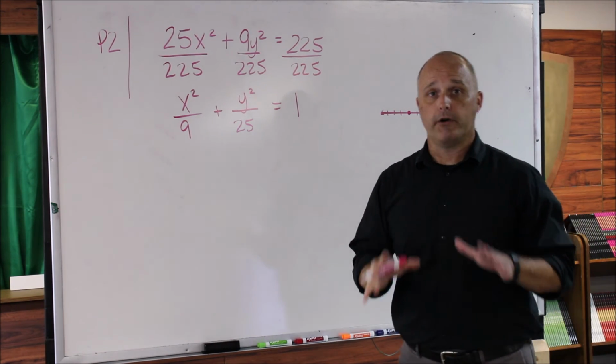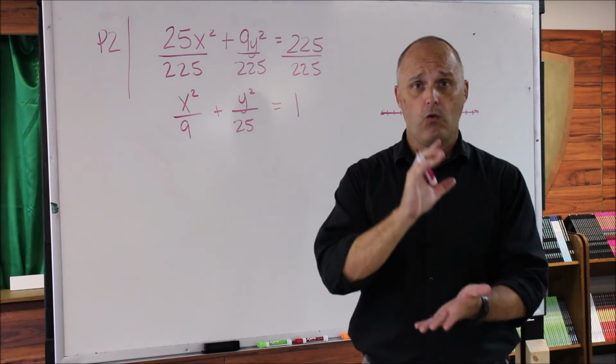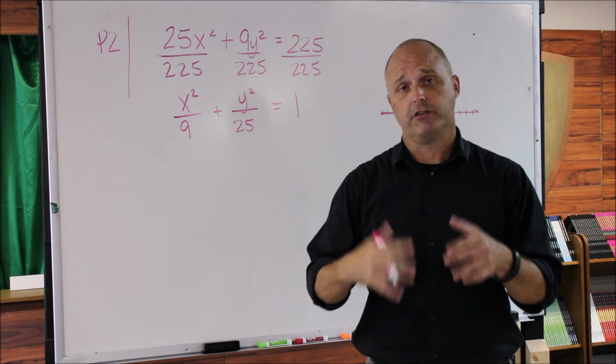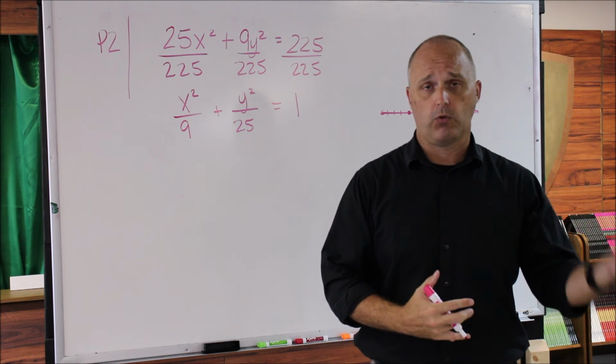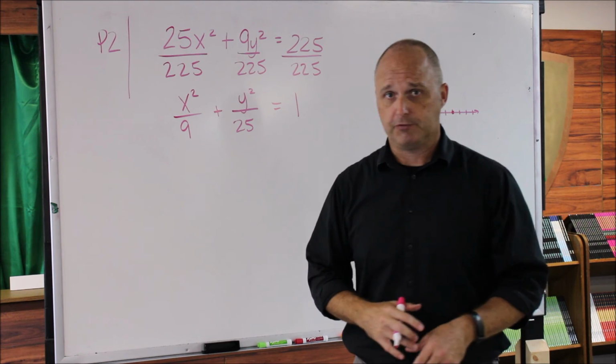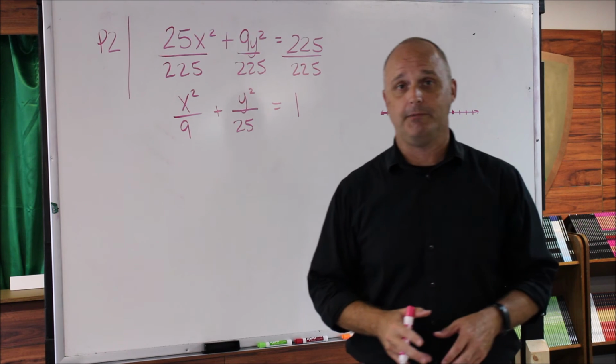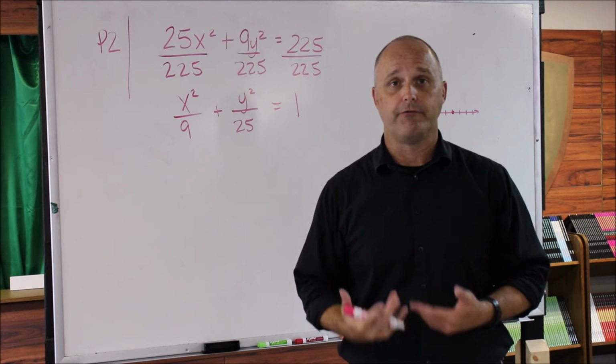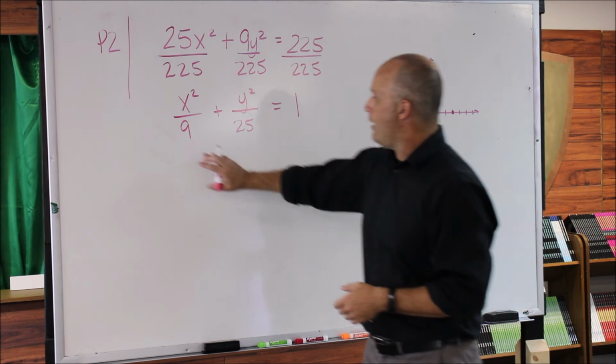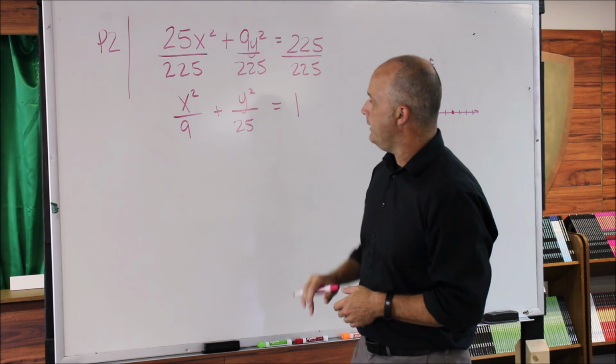One thing to remember here is that whichever denominator has the larger number tells you whether you've got a horizontal or a vertical ellipse. In this case, since the larger number is in the second denominator, we're going to have a vertical ellipse. So this is b squared and this is a squared.